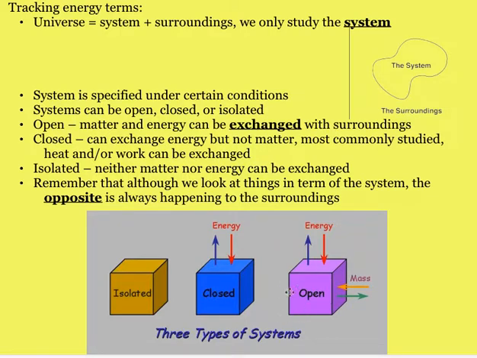If the system loses, then the surroundings have to gain. And that's an important thing for you to understand. You can't lose energy. You have to basically transfer it somewhere. So if someone gains, someone has to lose. And you just want to understand, like, okay, what is the system and what type of system am I studying?